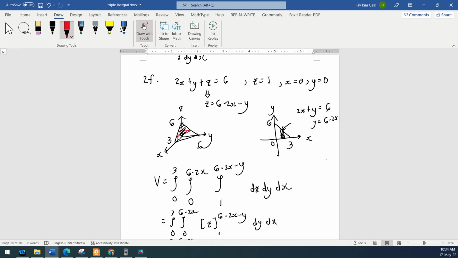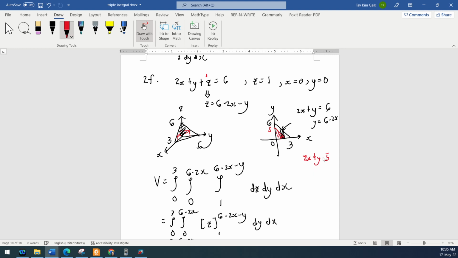So the projection is actually the red triangle, a smaller triangle where z equals 1. When you plug in z equal to 1, 2x plus y is 1, so 6 minus 1 is 5. So the y intercept is 5, x is 5 over 2, 2.5. You have actually a smaller triangle.